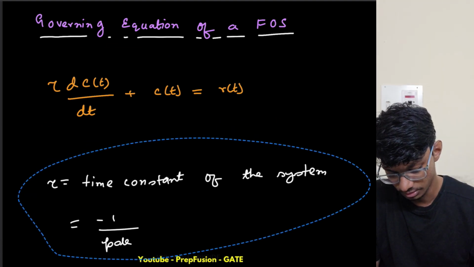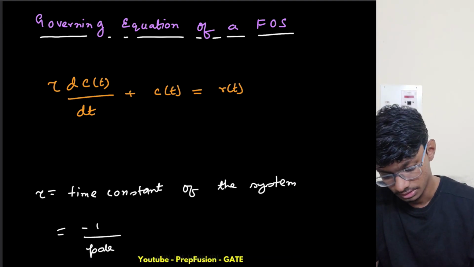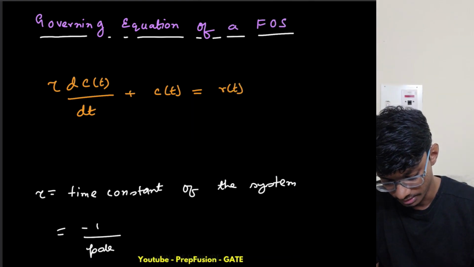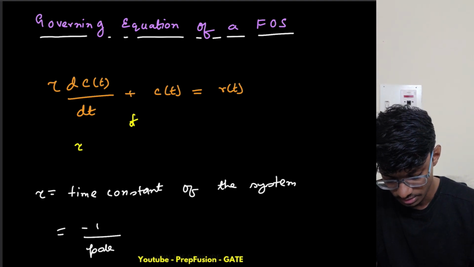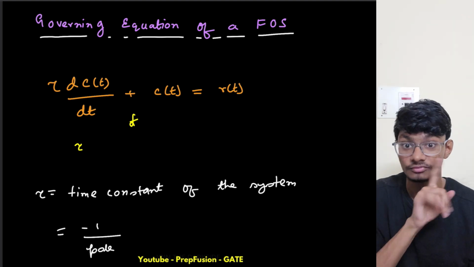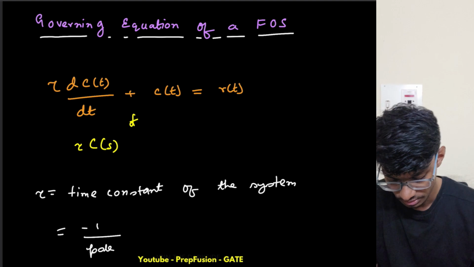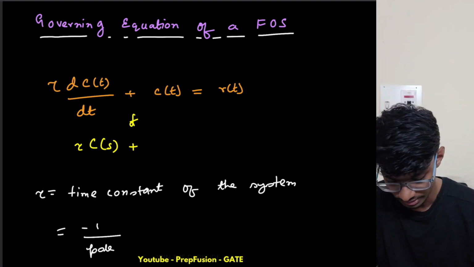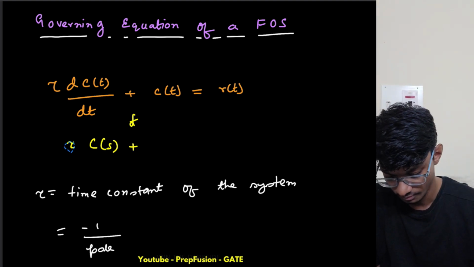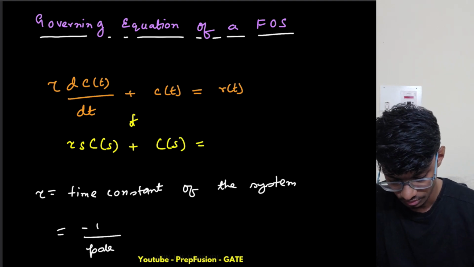And from this equation, the governing equation, simply take the Laplace, not the inverse, simply take the Laplace. So if I take the Laplace, this becomes tau s. Now as I am finding the transfer function, initial conditions will be what? 0, right? It will be 0. So it is c of s, and there is also an s here, tau s times c of s plus c of s equals r of s.